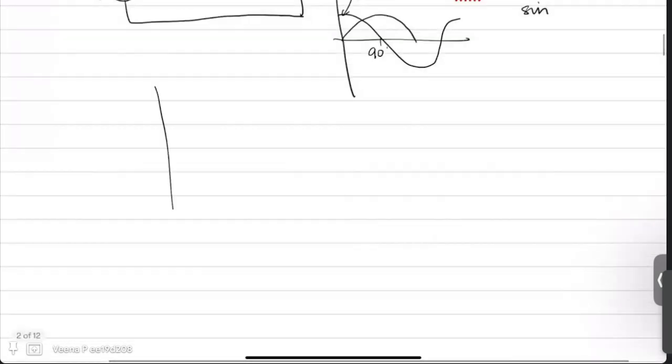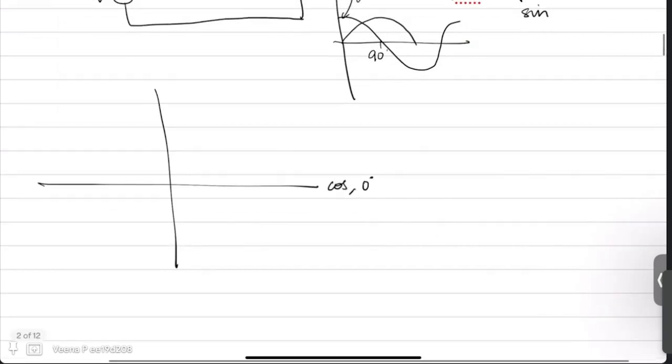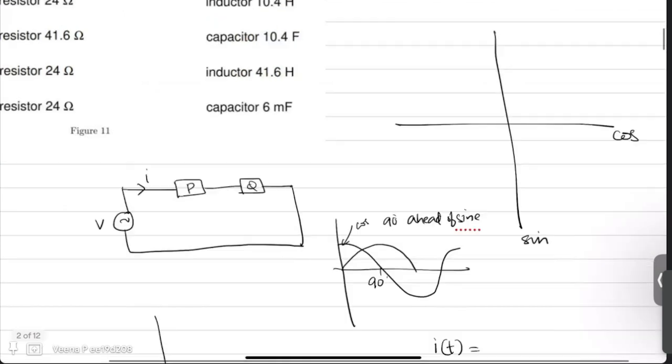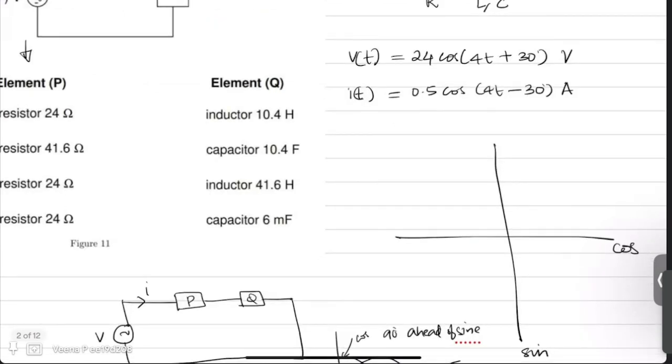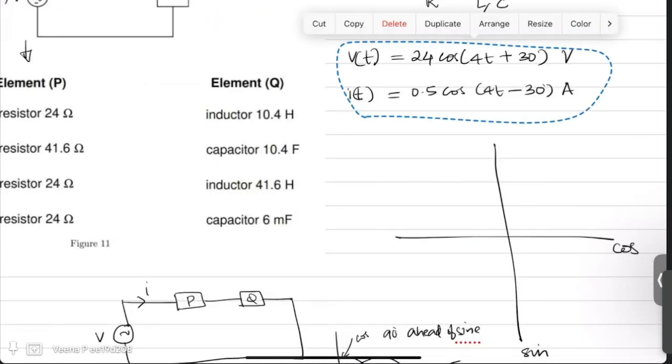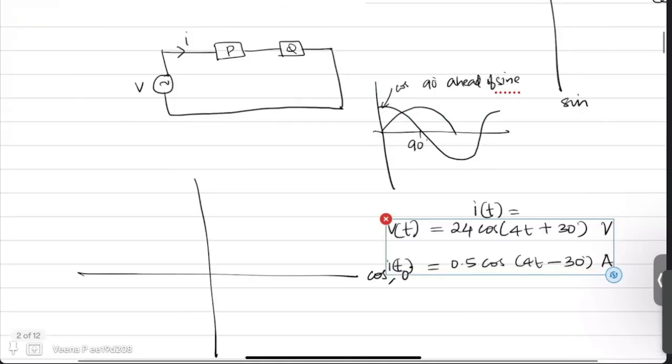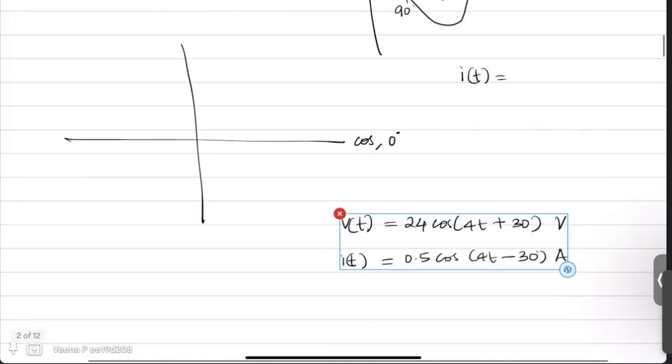So let us mark these phasors in the quadrant. This is my cosine domain, which is the reference, that means 0 degrees. So you have your current as well as voltage.